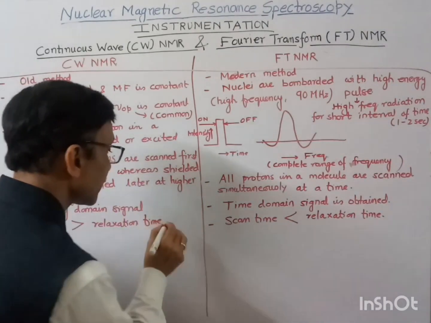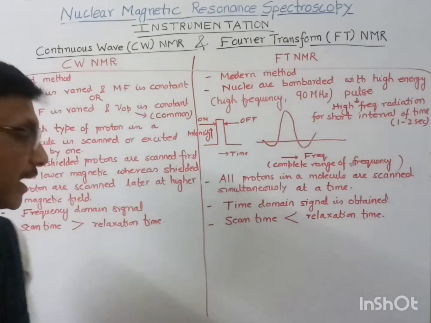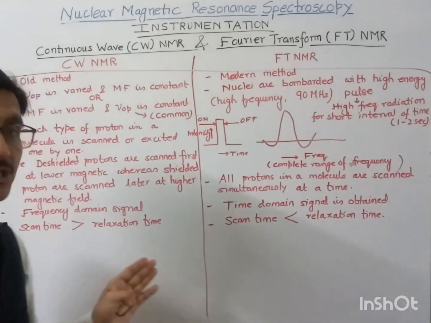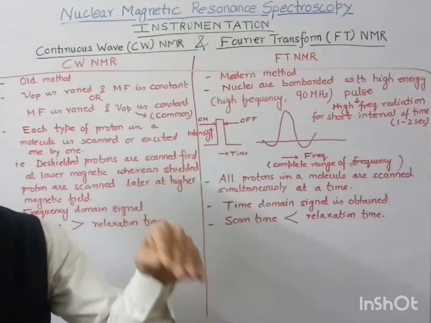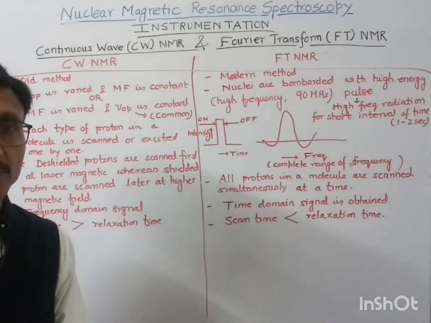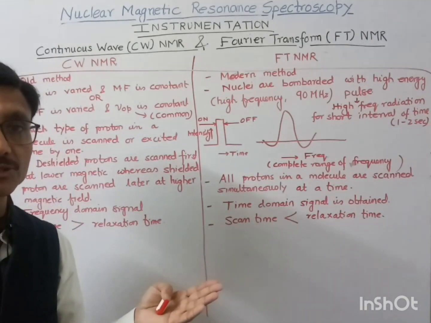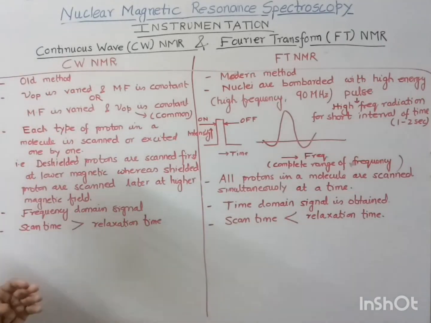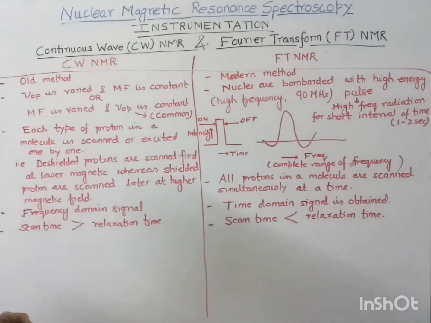As scan time is more, the spectrophotometer takes a lot of time to scan, and in between that time the relaxation of the nuclei from beta state to alpha state cannot take place. So in the spectrum we can observe noise also.